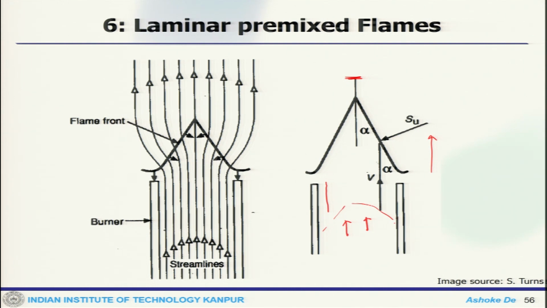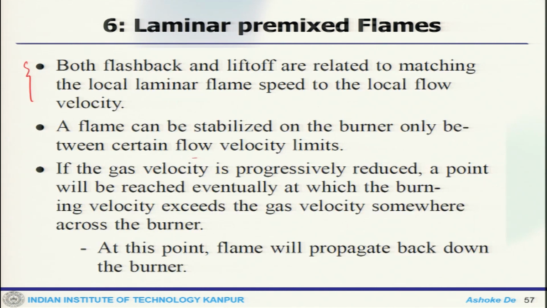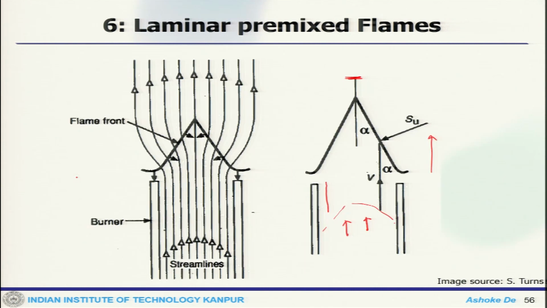Both of these situations are possible. Third, if the gas velocity is progressively reduced, a point will eventually be reached at which the burning velocity exceeds the gas velocity somewhere across the burner, and this is where flashback occurs.